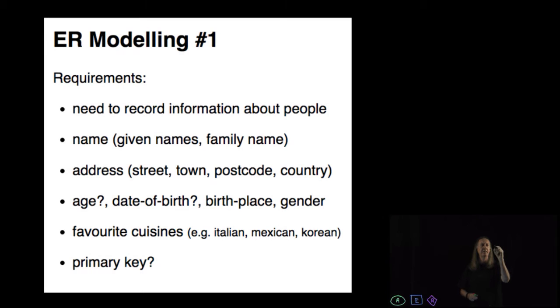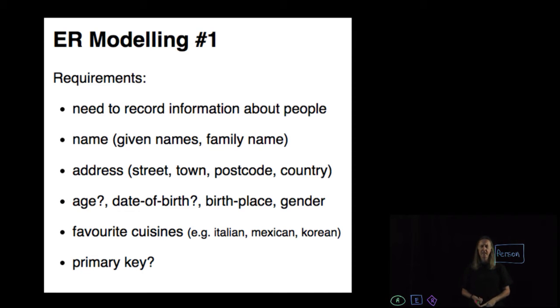So for this video we want to take a look at a very common scenario where we're dealing with people. So let's start with a person entity, which would be a very common place to start. Okay, so what information do we want to know about person or people?